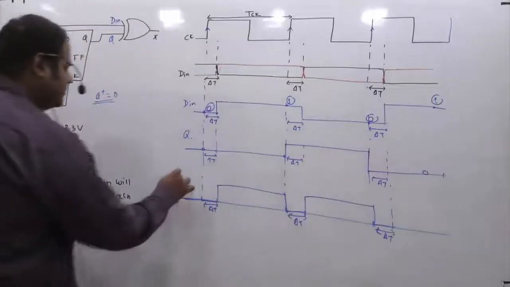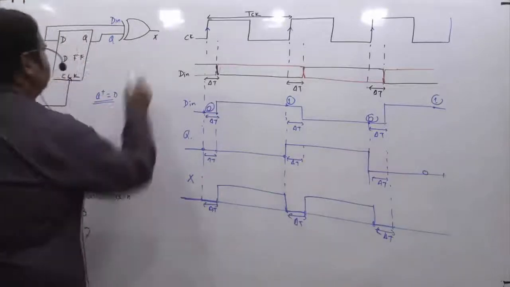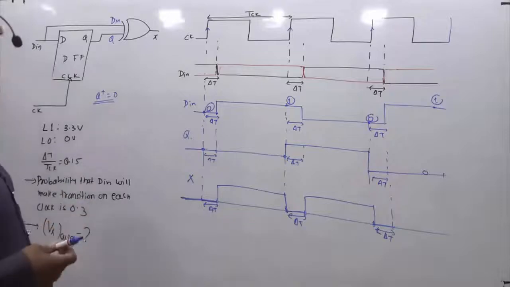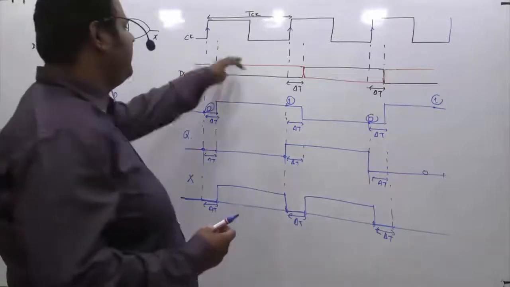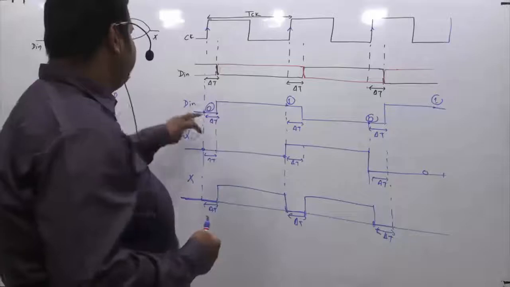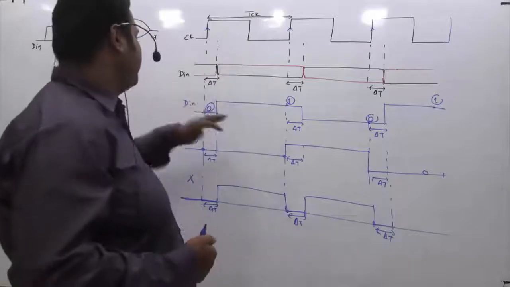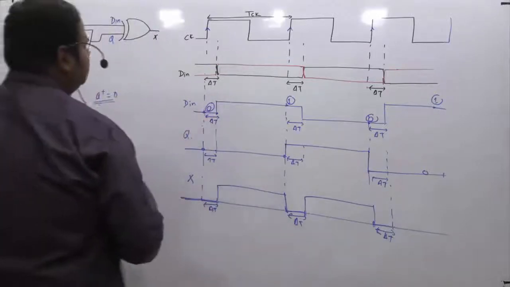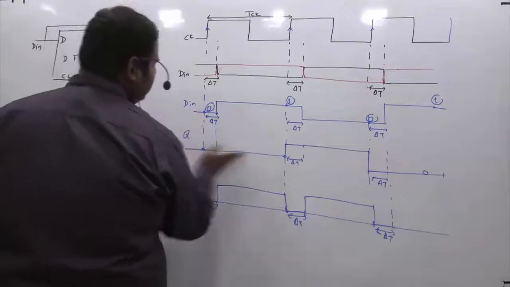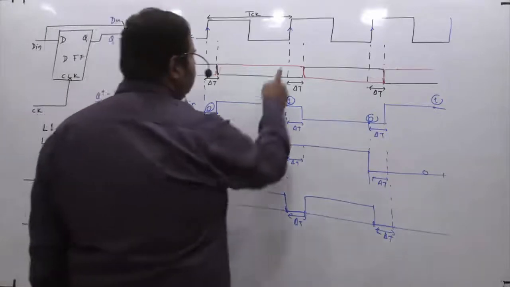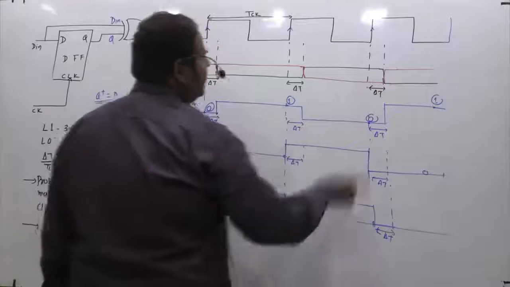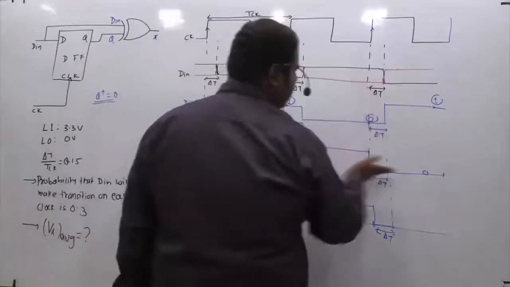So this waveform is nothing but the waveform of X. What I did: I have taken this red color D, the way it is given. I observed in the first clock it is 0, so I continue with 0. Second clock I observe this is 1, so I continue with 1. Third clock I again observe this is 0, so I continue with 0.